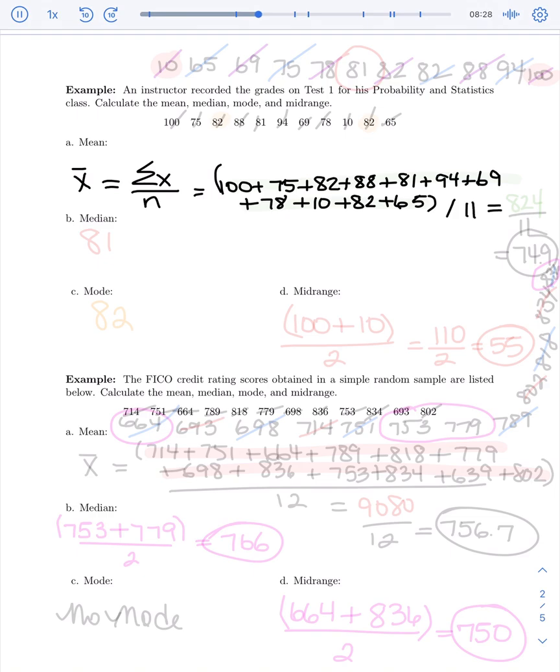When we add up all of our numbers, we get 824. Divided by 11, which is how many numbers we had, that gives us 74.9 as his class average.